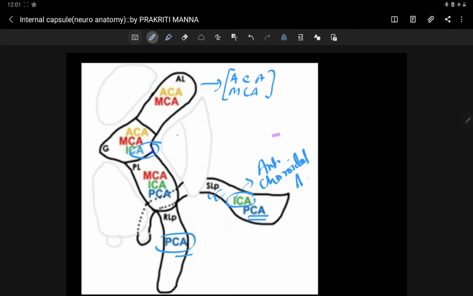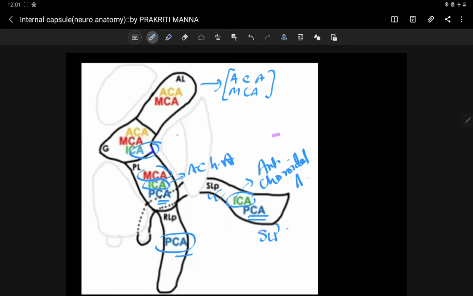It supplies your sublentiform part, and it is also common here. You can see ICA here, which is nothing but the same anterior choroidal artery, and PCA is also common here, and just add MCA.